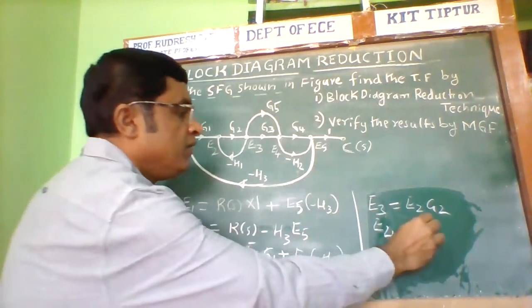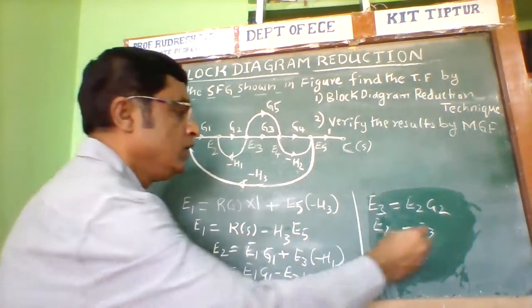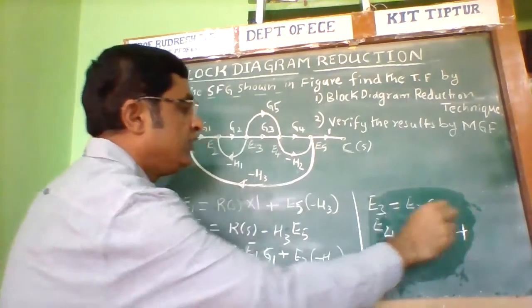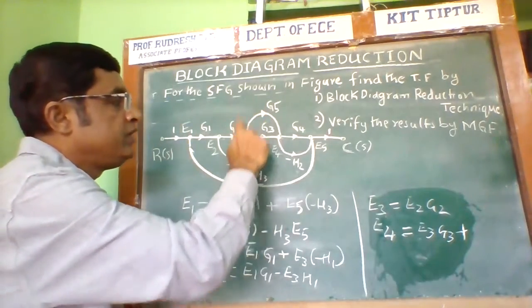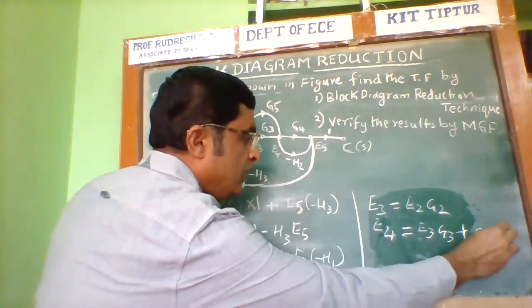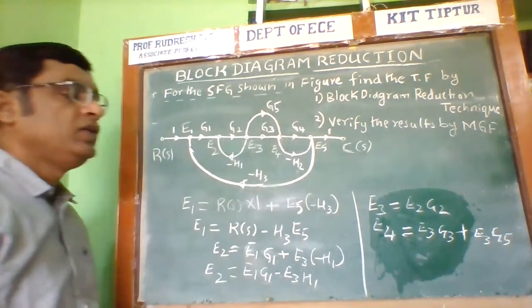Therefore E3 into G3, and similarly E3 into G5 is another equation.